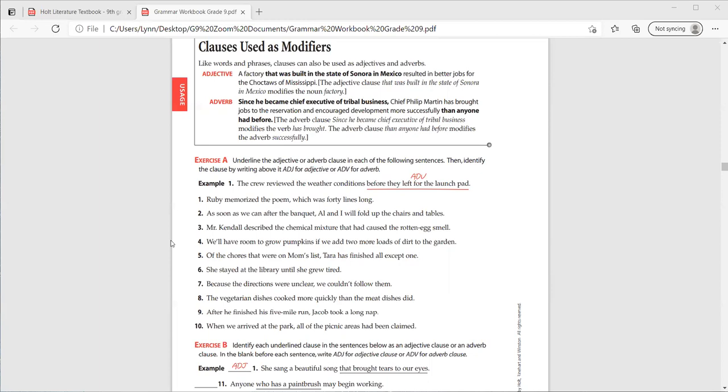Okay, first of all, what is a modifier? A modifier is a word or word group that makes the meaning of another word or word group more specific. It helps to make it more clear. The two kinds of modifiers are adjectives and adverbs. We have one word modifiers, which are adjectives.